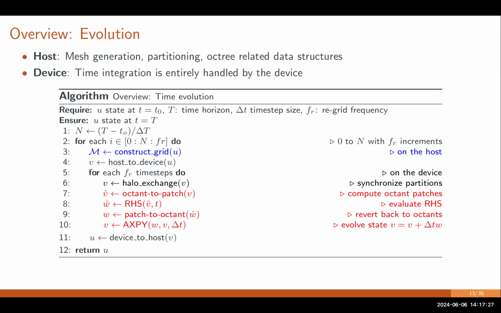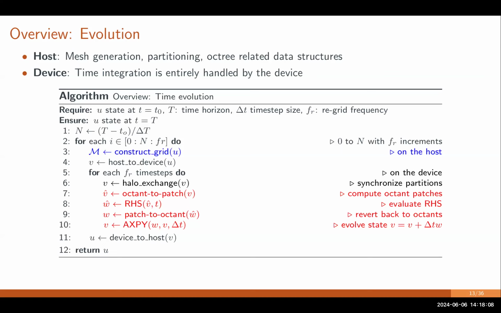Any numerical relativity code boils down to this algorithm. We have whatever state at t equals t0, and we want to evolve this system forward in time. Since we have AMR, for a given re-grid frequency we have to change our grid to adapt and capture the varying solution.